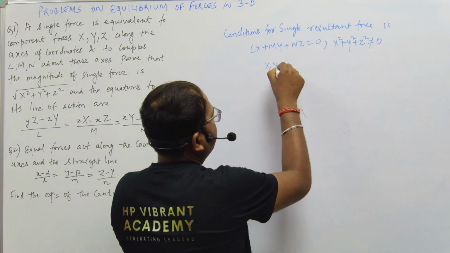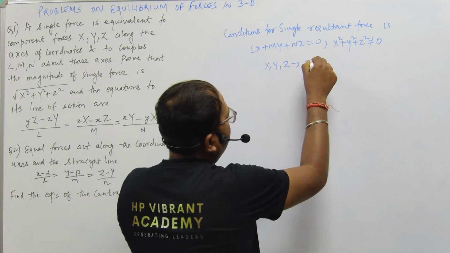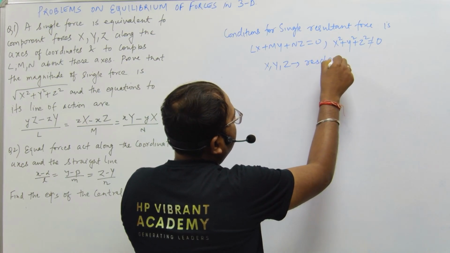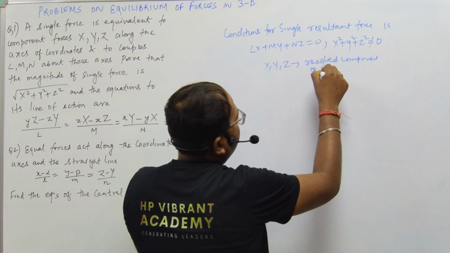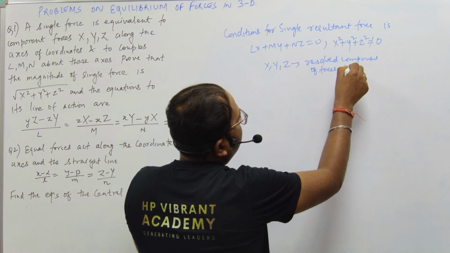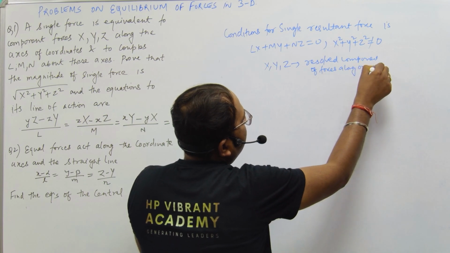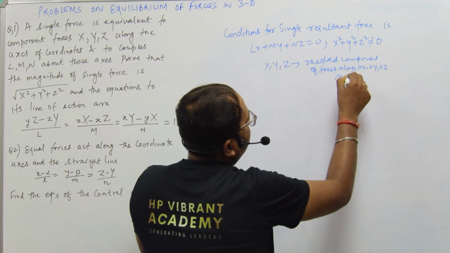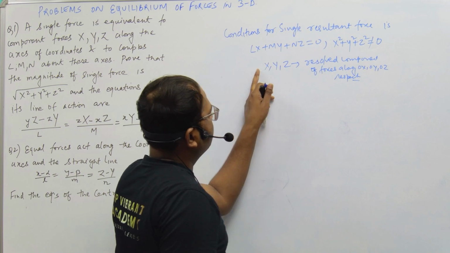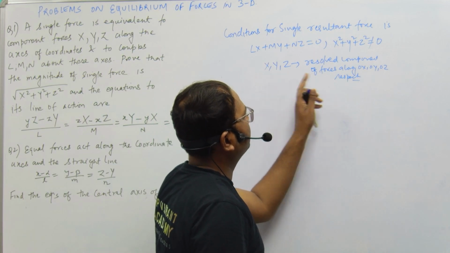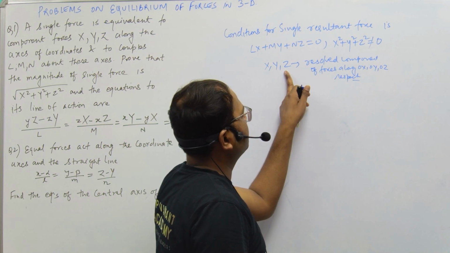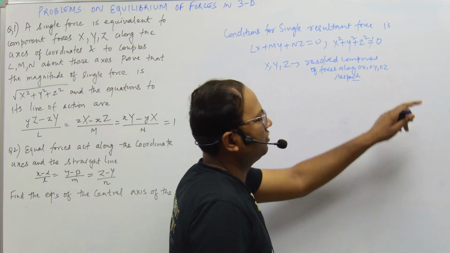So X, Y and Z are the resolved components of forces along Ox, Oy, Oz respectively. X is the resolved component of forces along Ox, Y is the resolved component of forces along Oy, and Z is the sum of resolved components of forces along Oz.